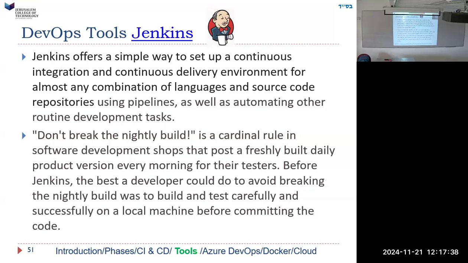So you have to have another server that's exactly like the server that the people are actually using. That's your test server, or the development server. That's what we mean by local machine. So how does Jenkins help with that? Well, it helps by automating tests.